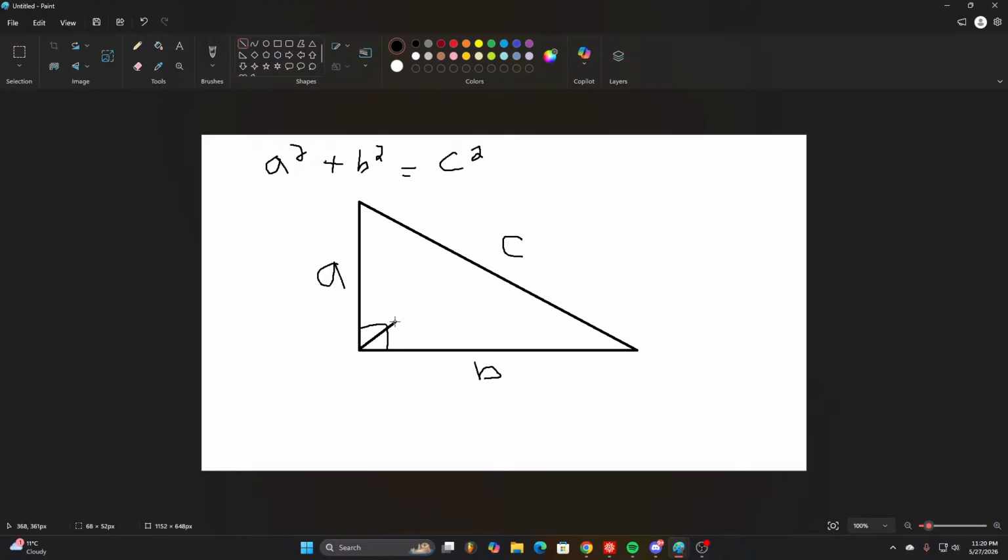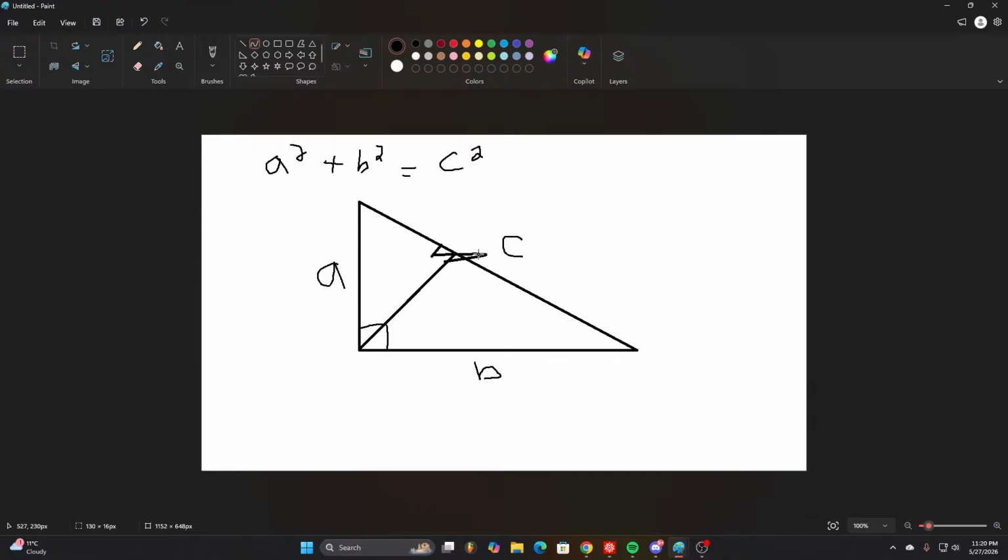What if we added this little leg right here? Perfect. Something funny about this leg is it's at a 90-degree angle with the hypotenuse. Very cool.